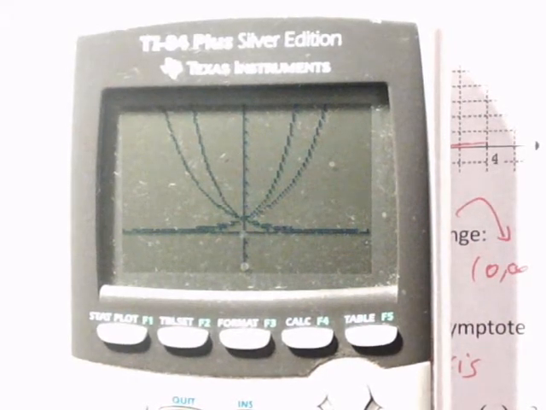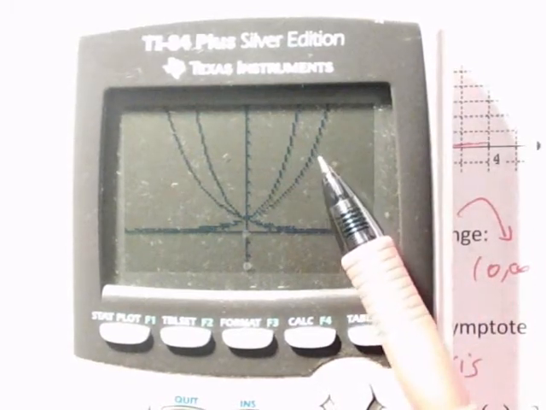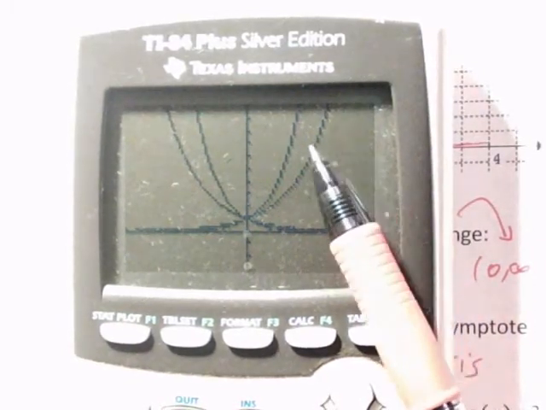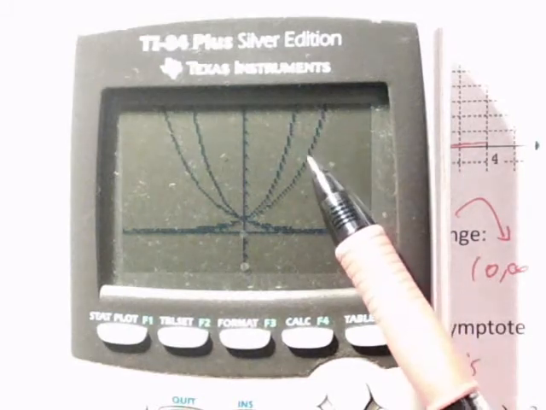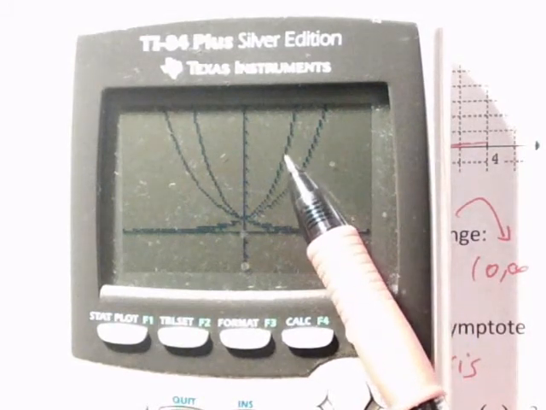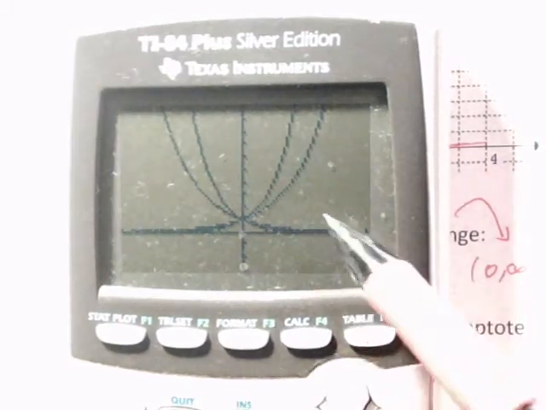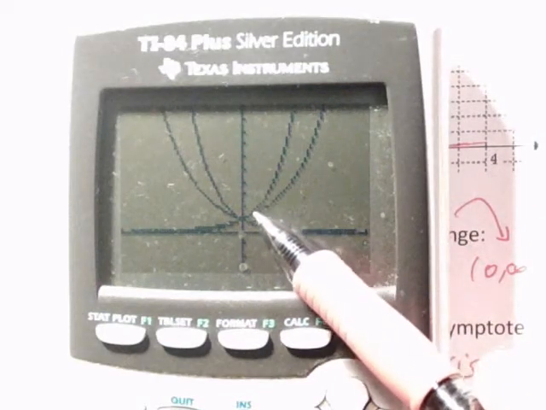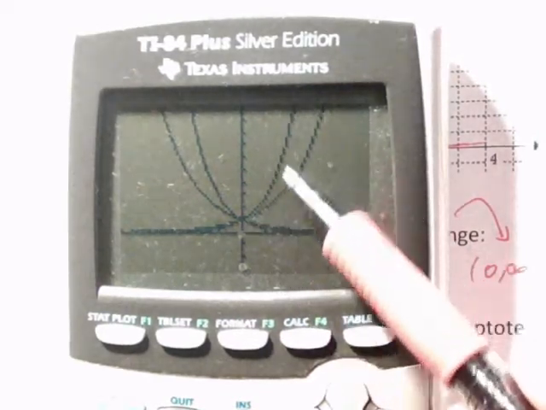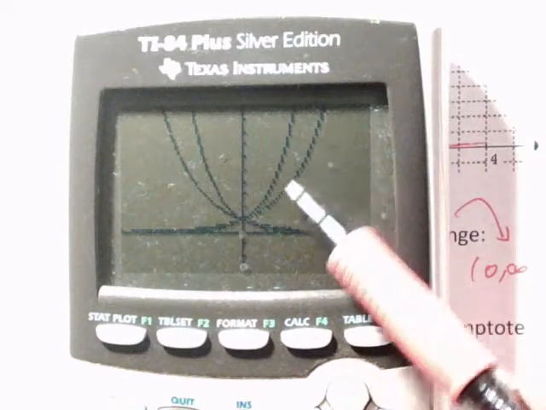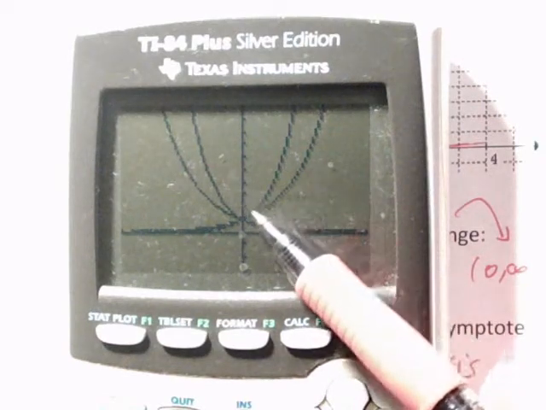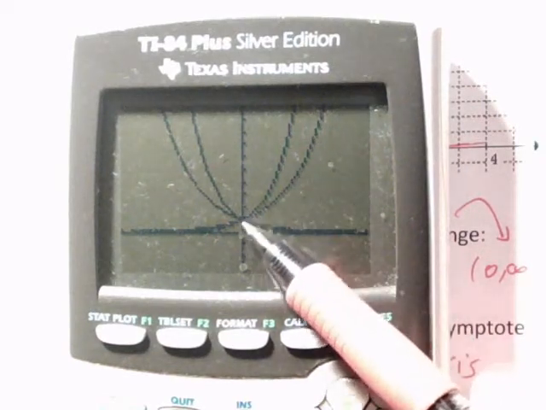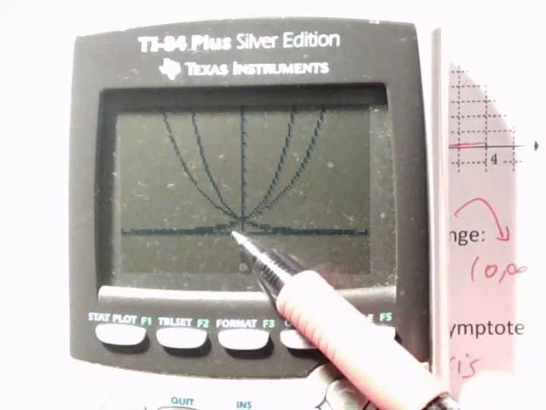And as you can see, as the base goes from 2 to 3, the next one is 3 to the power x. It seems like on the right side, 3 to the power x goes to infinity much faster. This one is a little bit flatter, you see. And as you go to the left, it goes to 0, or closer to the x-axis, much faster.